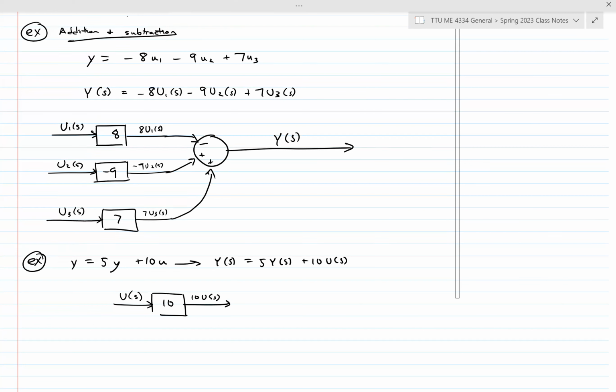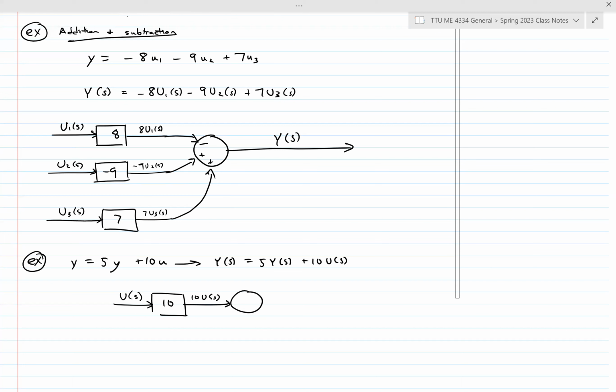Somebody else? Another block? I don't think another block at this point, unless you're going to put a 1 in there, right? Because we've already gotten this, right? Summer, okay.